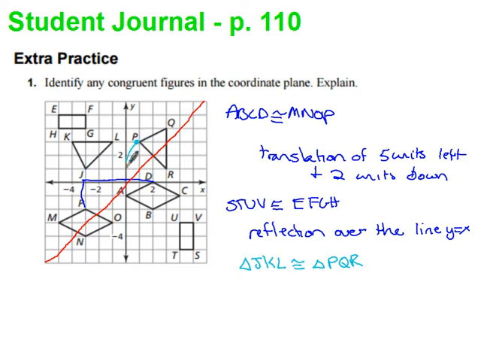If I draw a line to the origin from J and P, not the best line, but we get the picture, it looks like a 90-degree rotation. So I could explain that triangle JKL is a 90-degree rotation counterclockwise of triangle PQR. And we know that rotations are also rigid motions, so the pre-image and the image have to be congruent to each other.